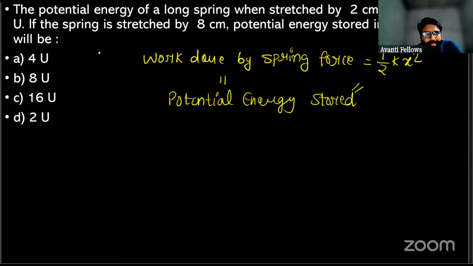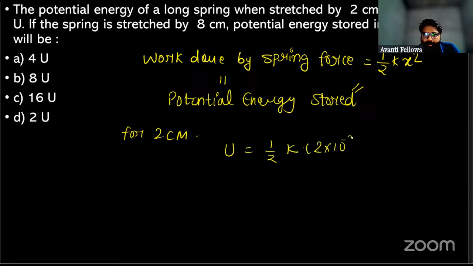Now here you will see the potential energy of a long spring when stretched by 2 centimeter is U. If the spring is stretched by 8 centimeter, what will be the potential energy stored in it? So for 2 centimeter, it is U, which is 1 by 2 times K x square, with x equal to 2 into 10 raised to the power minus 2.